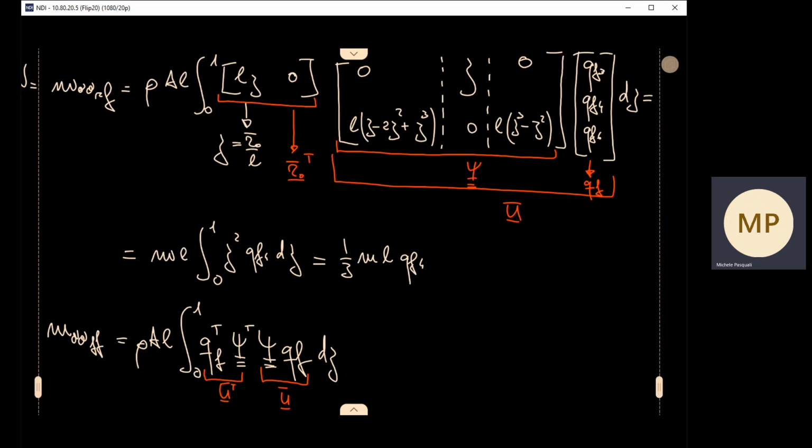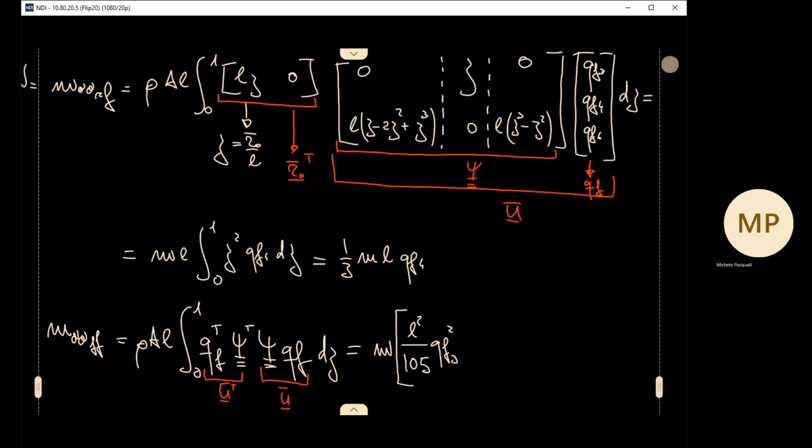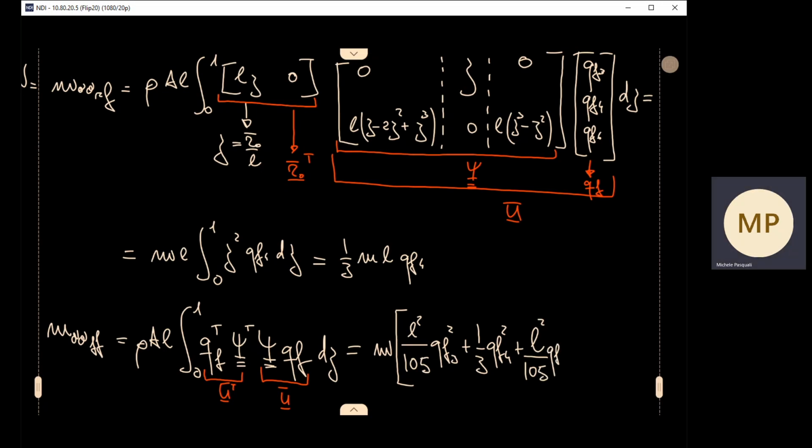Okay. So if you keep on going, you get, I spare you the math, but it's actually quite simple, M L squared over 105 QF3 squared plus 1 over 3 QF4 squared plus L over 105 L squared QF6 squared minus L squared over 70 applied to QF3 times QF6.